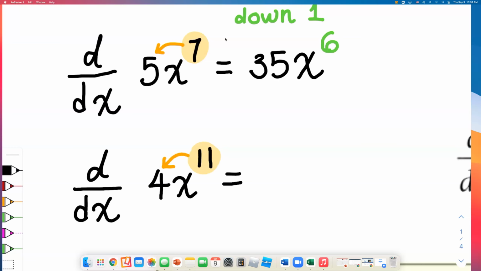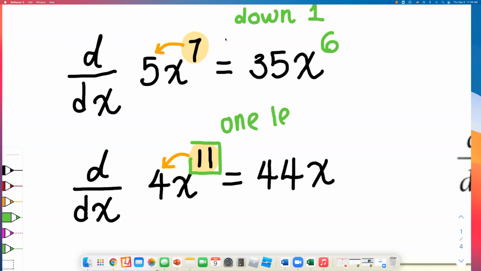So if you do 4 times 11, you will get 44, right? Write the x, but what should be the new exponent? The old exponent was 11. The new exponent should be always 1 less than 11, which is 10. That's how you do these derivative problems.